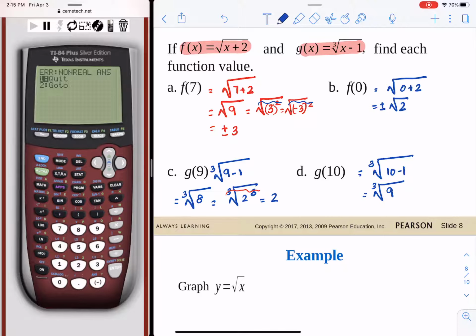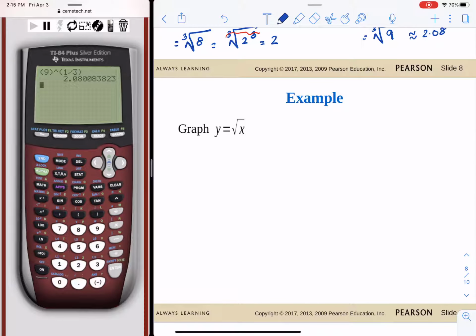So in a case like this, we have to make use of the calculator to find the cube root of 9. For instance, in your calculator, you could simply do 9 raised to 1 over 3 because it's a root, so the answer is approximately 2.08.